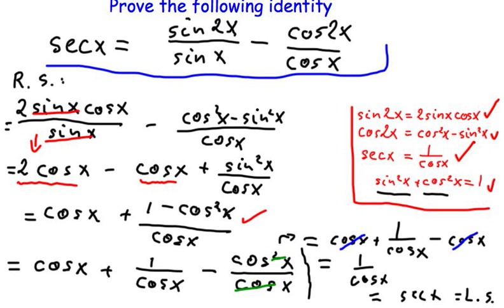And that completes the proof, because our goal was to start with one side, and in our case it was the right-hand side, and conduct the proof by rearranging the given expression until we have obtained the opposite side. So now, with pride, you can say, therefore, left side is equal to the right side. The proof is done.